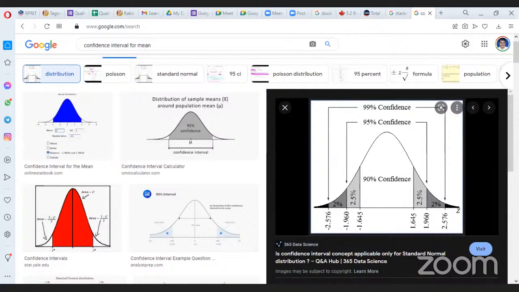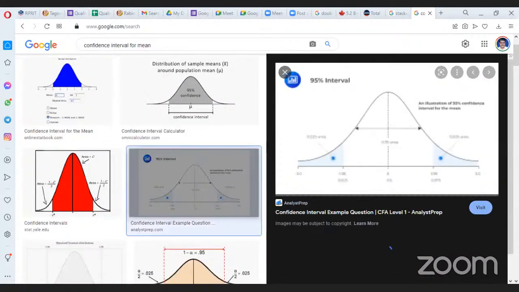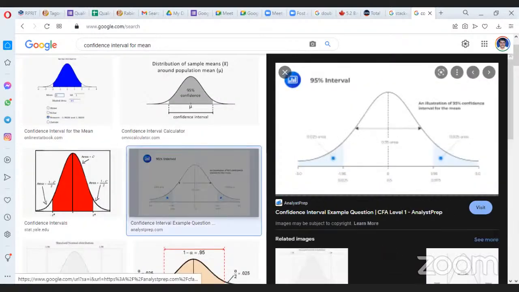It is often expressed as a percentage whereby a population mean lies between an upper and the lower interval. Between the upper and lower interval. Here you can find the between the upper and the lower interval.